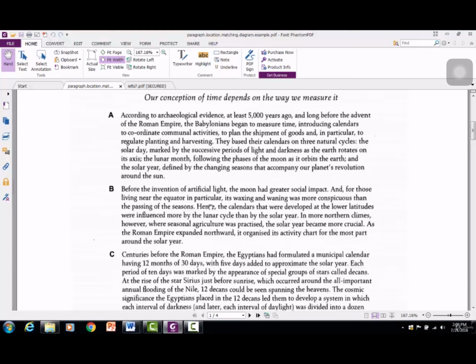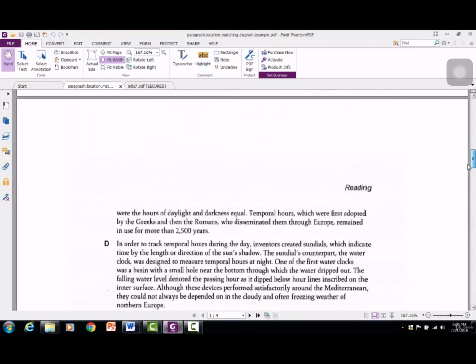I'm in the third sentence. It says, hence the calendars that were developed at the lower latitudes. Lower latitudes are talking about geography. And then the next sentence, in more northern climates, again, we're talking about geography. And here we're talking about agriculture, which is farming. So paragraph B is the answer for number 2.